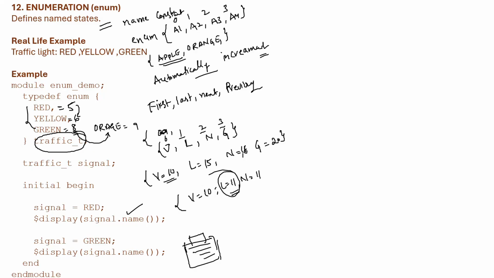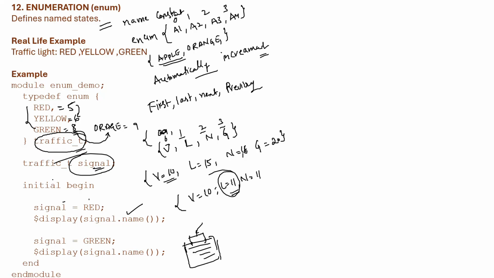I am not carrying all these things, I am just carrying the handle, then all these things come along with this handle, right? That is the reason we are using this handle. Traffic T is the handle I am utilizing. Then signal equals red. Signal is my name. Okay, traffic signal, traffic is the handle.